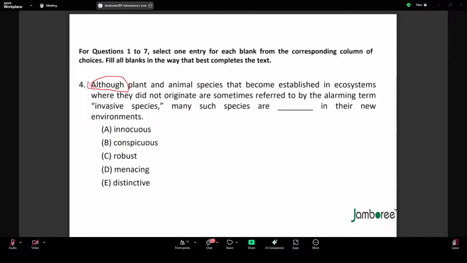Invasive means definitely negative, like a pest.